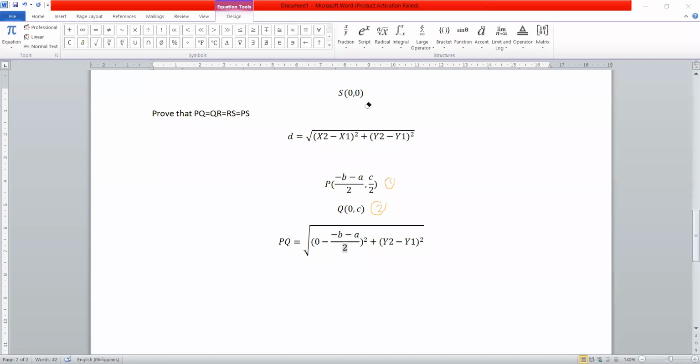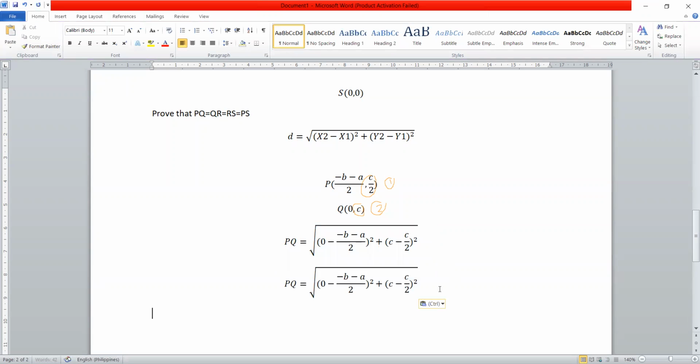Next, you have y2. You have c for your y2 and c over 2 for your y1. Let's substitute that again: c, and c over 2. Next, simplifying this further, you have 0, so let's just remove it. And you have a negative sign.